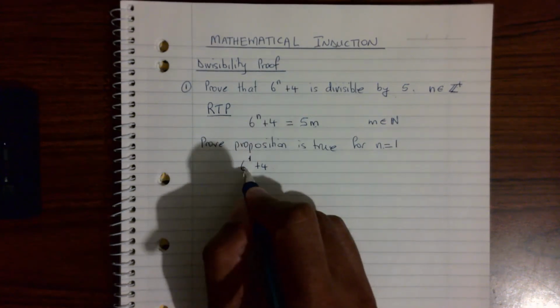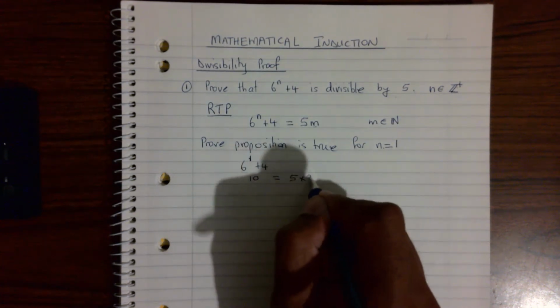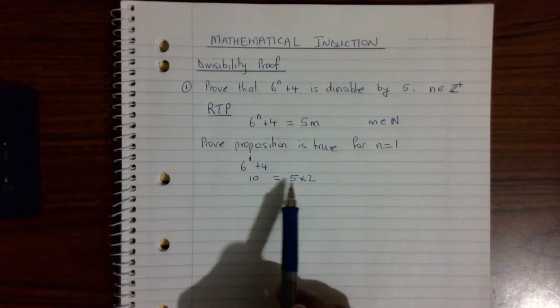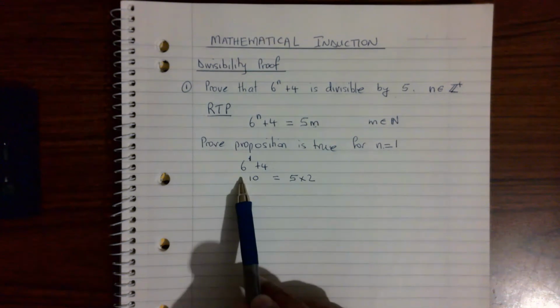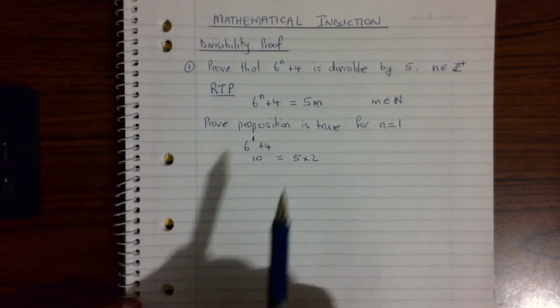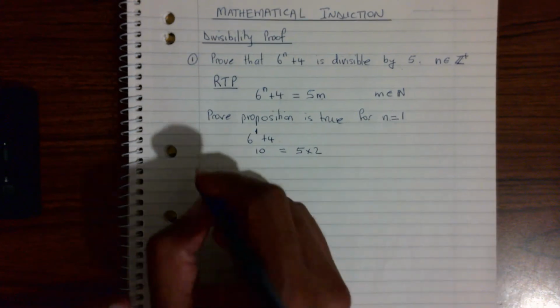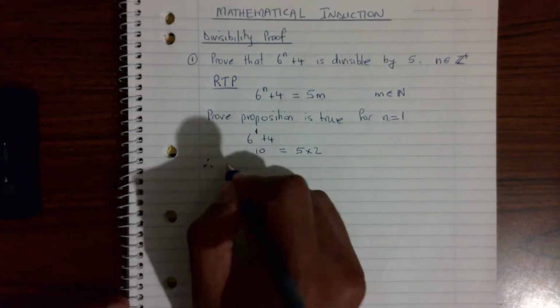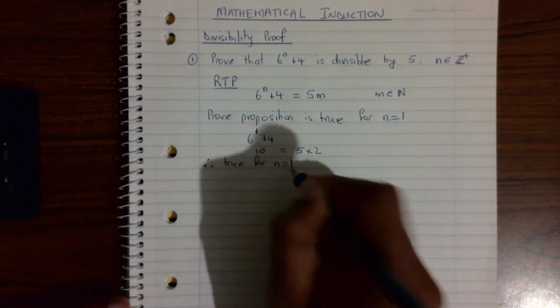This, you'll realize, is 10, and I know 10 is the same as 5 times 2. So I've shown that 10 is a multiple of 5. In fact, when you multiply 5 by 2, you get 10. So therefore this is divisible by 5 when n is equal to 1. So we will say, therefore, true for n is equal to 1.